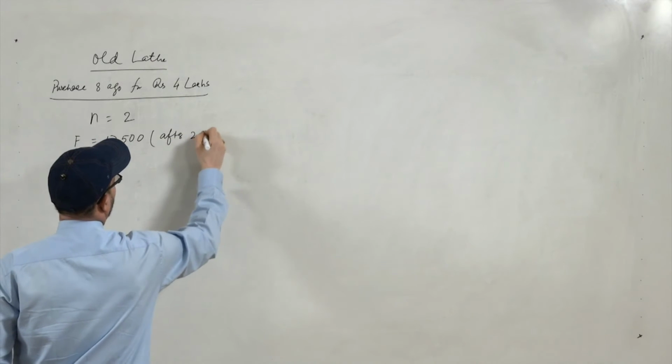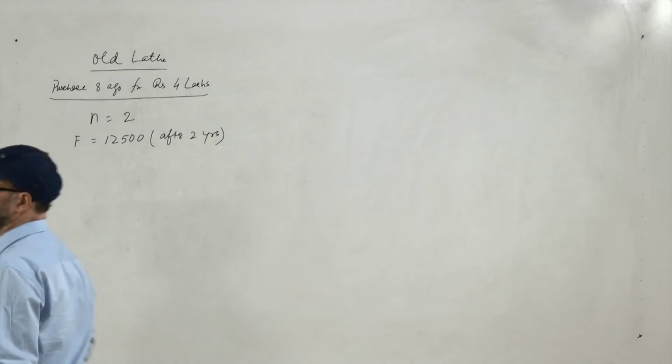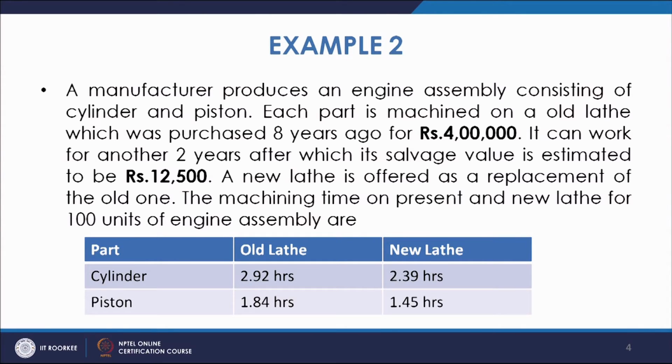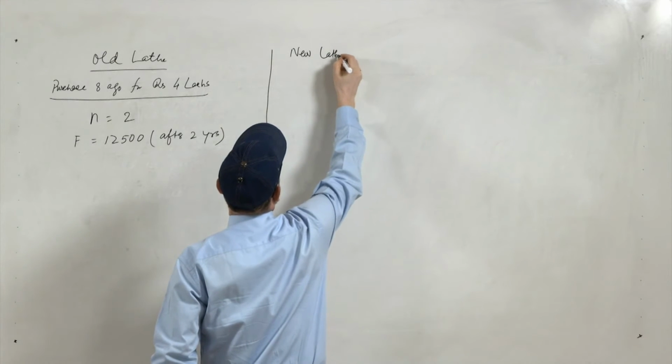Because we are studying in present time, after 2 years its salvage value is given as rupees 12,500. Now, a new lathe is there, which is the Challenger.